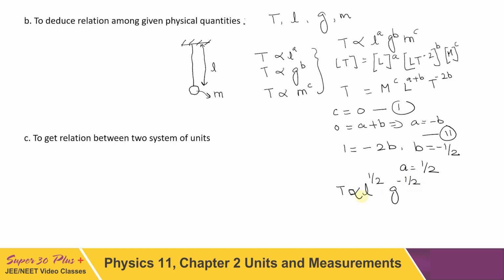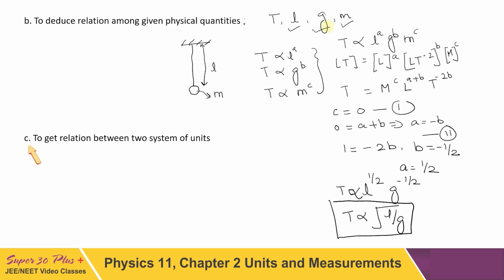So while writing the expression, it has to be sign of proportionality here, and we got T proportional to root under L by g. You can say that formula for time period can be deduced if we know vaguely on what quantities it may depend. So here, since we are knowing it may depend on length, it may depend on mass, it may depend on g, so we can deduce the formula.